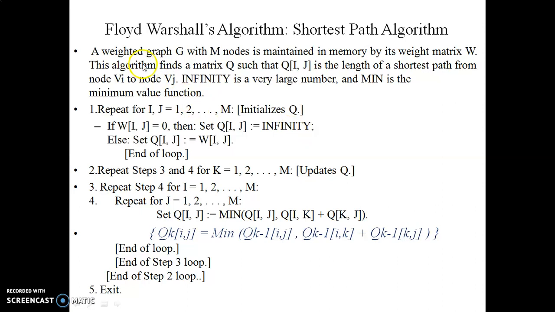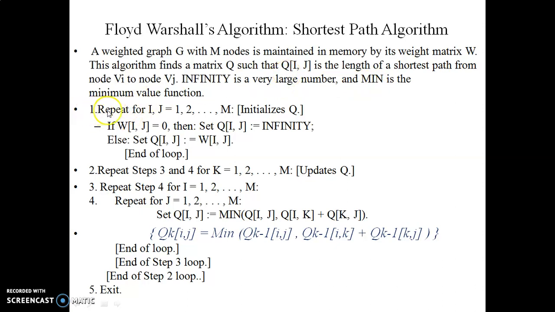In Warshall's algorithm, a weighted graph G with m nodes is maintained in memory by its weight matrix called W. And this algorithm finds the matrix Q such that Q of ij is the length of the shortest path from a vertex Vi to Vj. Now in this case we are obtaining a minimum value for this function Q of ij.